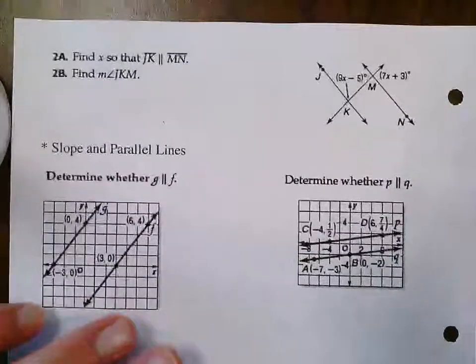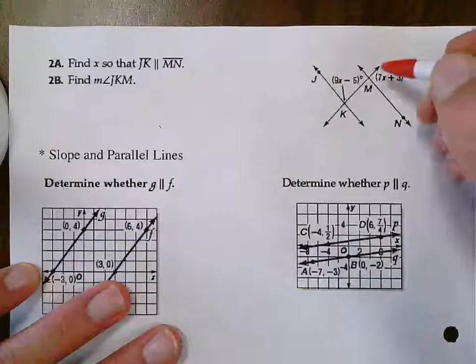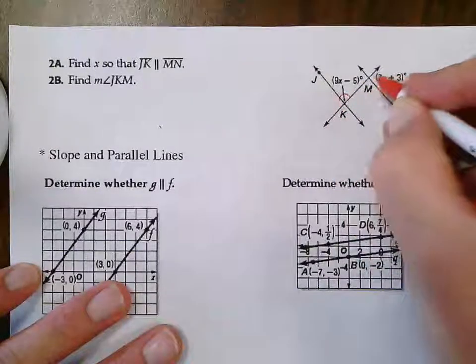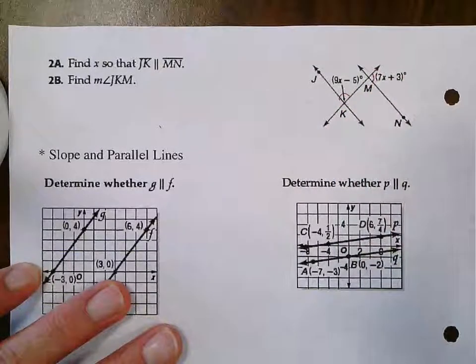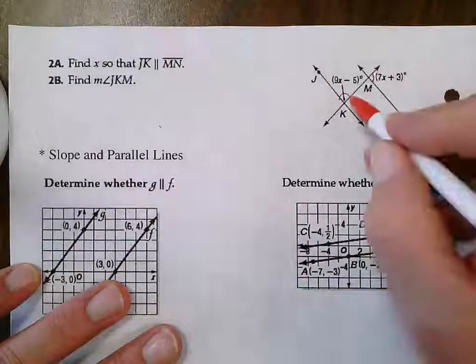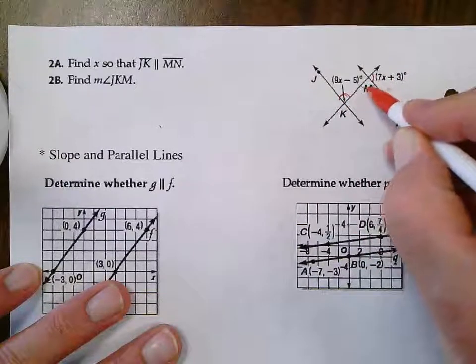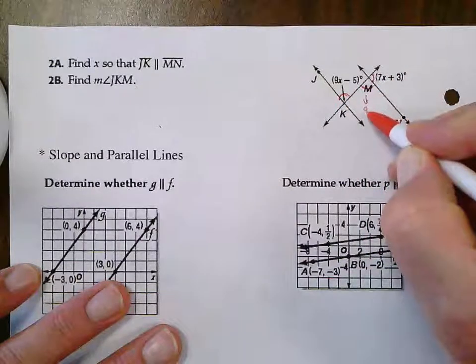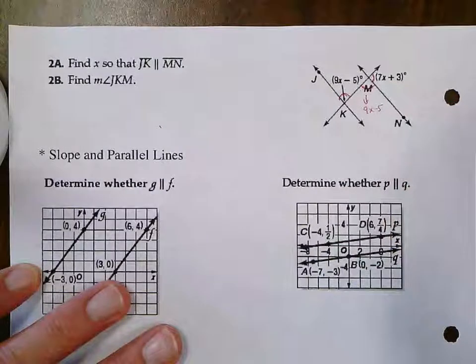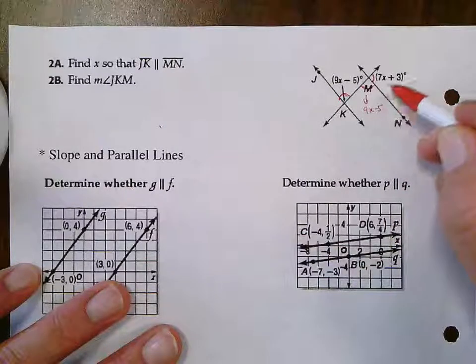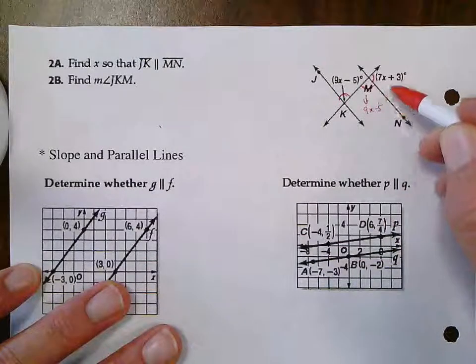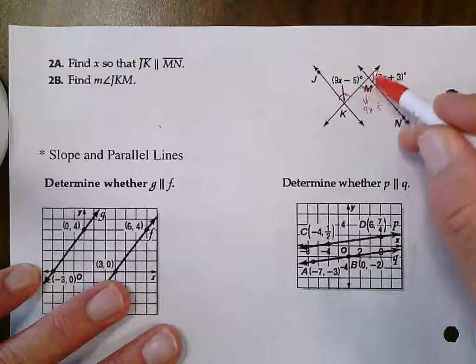This problem up here, it's a little yucky actually. So you've got this angle and this angle, and they have no relationship, but we can figure out what's going on. So if this angle is 9x minus 5, this angle over here also has to be 9x minus 5, alternate interior angles, and then these two have to add up. They're not equal. They have to add up to equal 180 degrees.